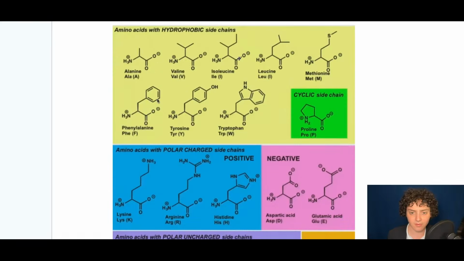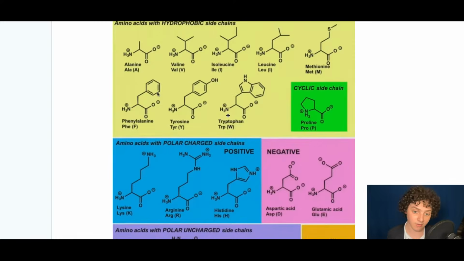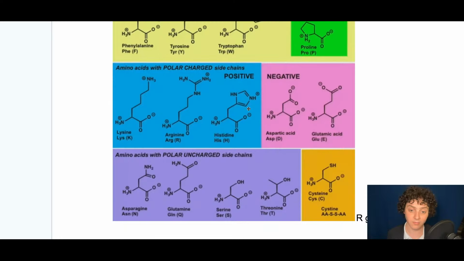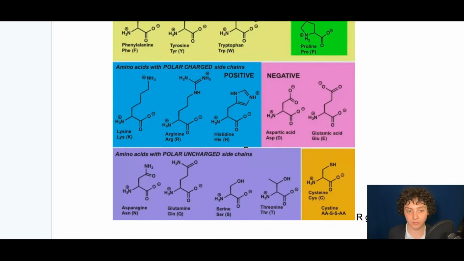So this is the section about R groups. These are the ones that are hydrophobic, i.e. water fearing, and that is because they are not polar like water is. And these are the hydrophilic or water loving R groups because they are polar just like water is.